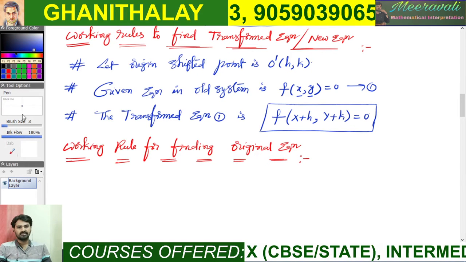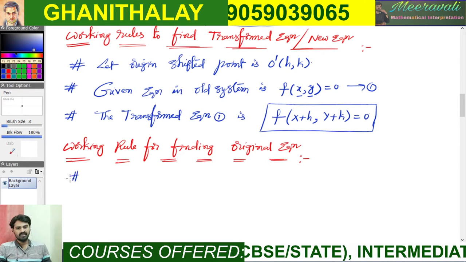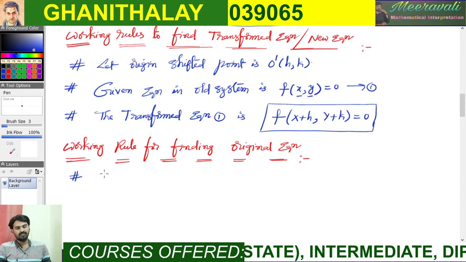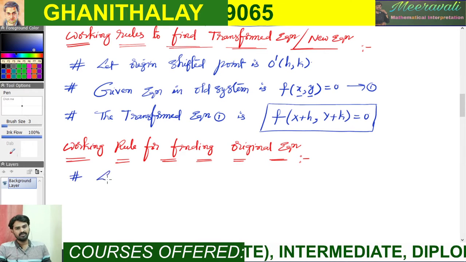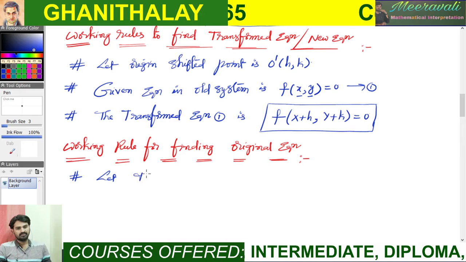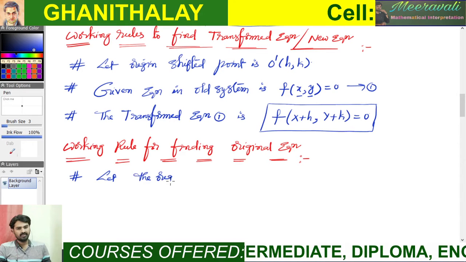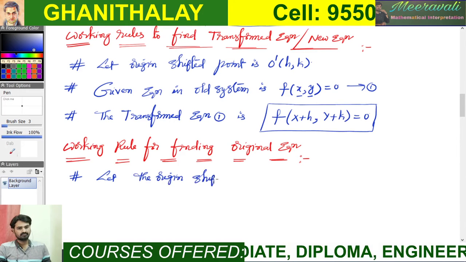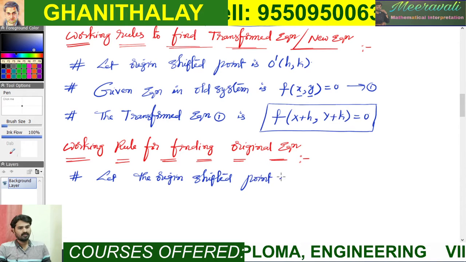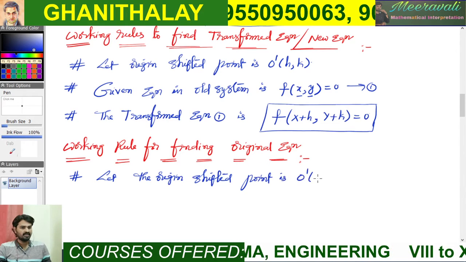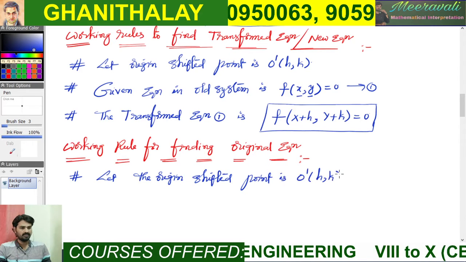So to find the original equation, first of all the problem has the origin shifted point. Let the origin shifted point be taken as h comma k.